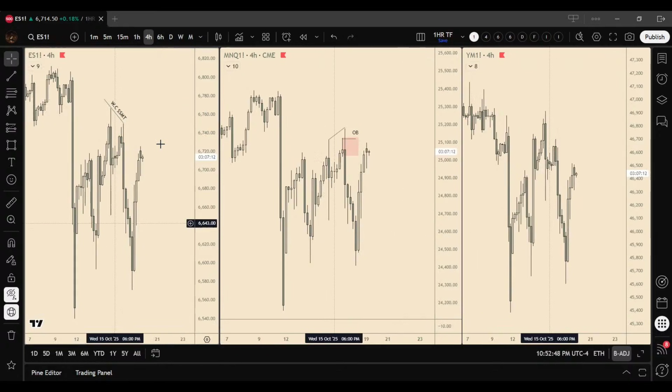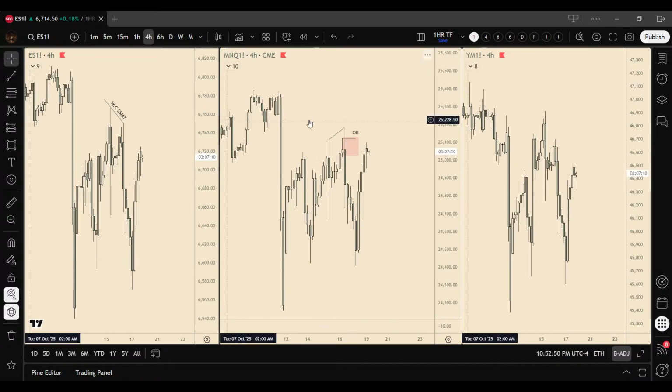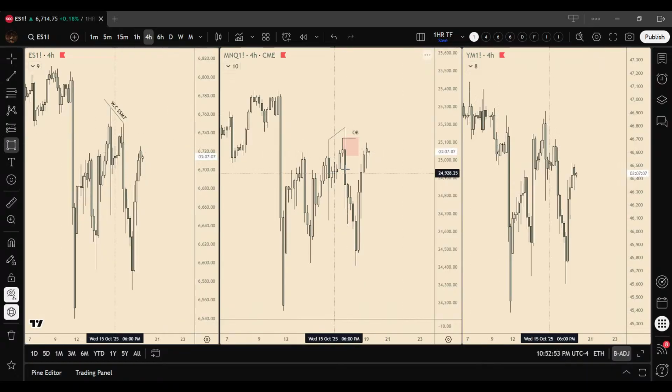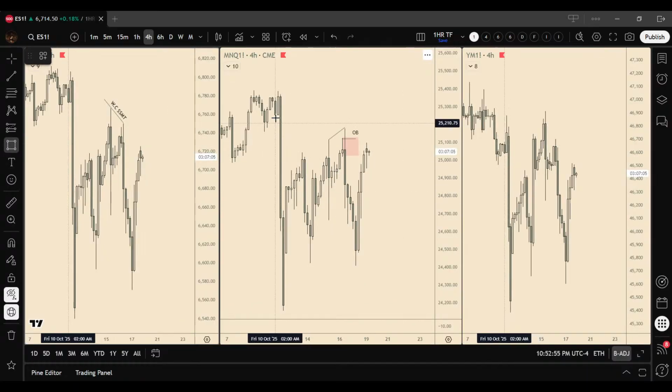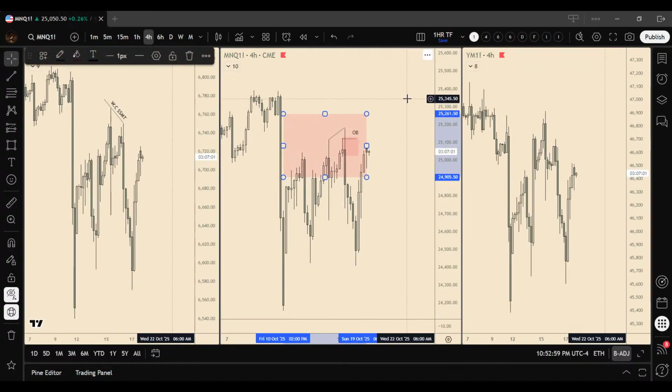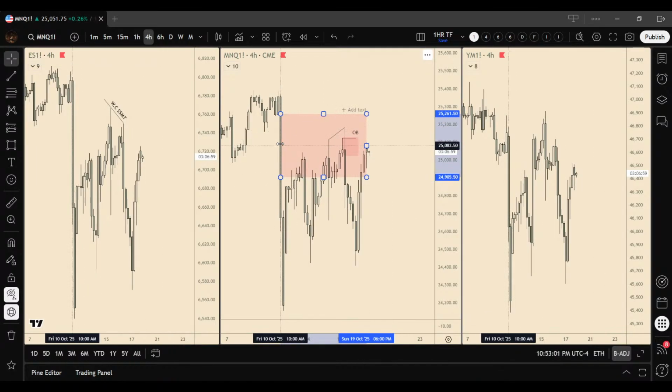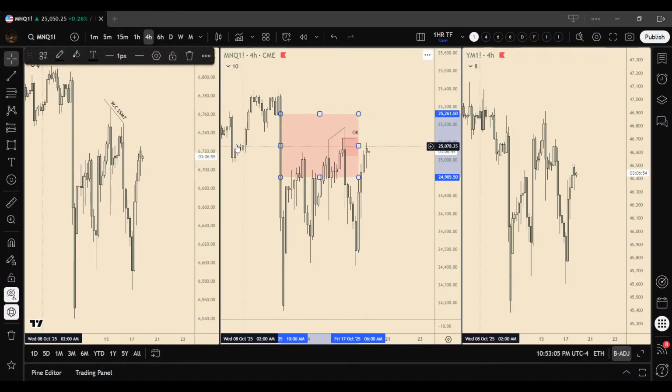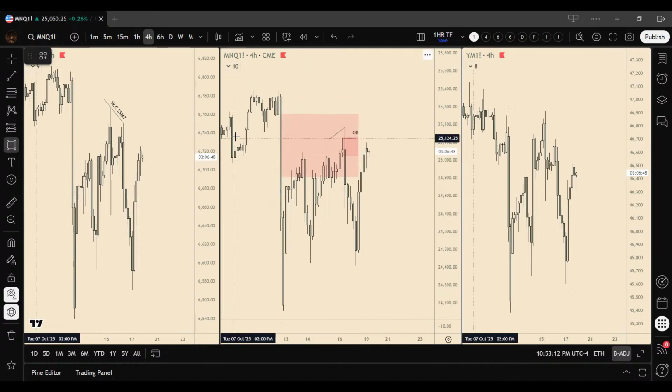What else? You also have it happening inside a fair value gap. Not only do you have this fair value gap right here, but there's also a balanced price range right here on NQ.